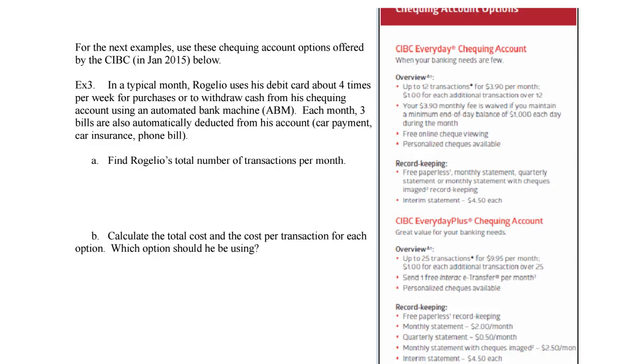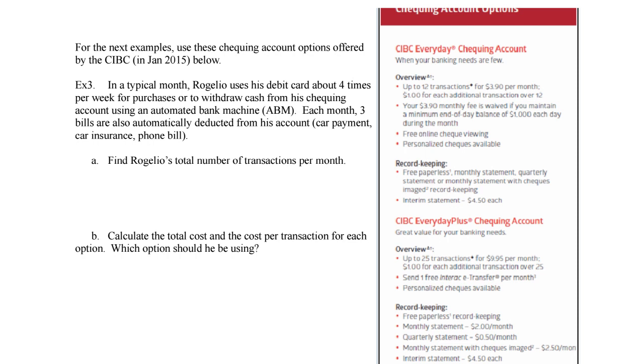Now, this next problem we're going to take a look at is how we go about interpreting everyday checking accounts and everyday plus checking accounts for a sample bank. Okay, so in a typical month, Rogelio uses his debit card about 4 times a week.